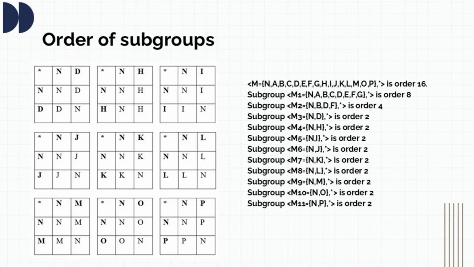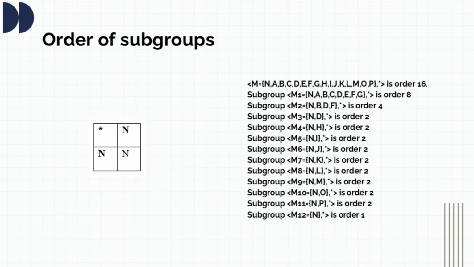Subgroups M sub 3, M sub 4, M sub 5, M sub 6, M sub 7, M sub 8, M sub 9, M sub 10, and M sub 11 are all order 2. And lastly, the trivial subgroup, which is M sub 12, is order 1.